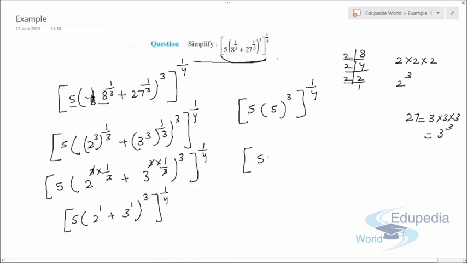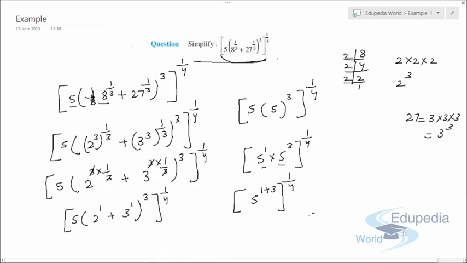So this will become 5 raised to power 1 into 5 raised to power 3, bracket close raised to power 1 by 4. So this will become 5 raised to power 1 plus 3, bracket close 1 by 4. Why 1 plus 3? Because we have the same base, the powers will get added.